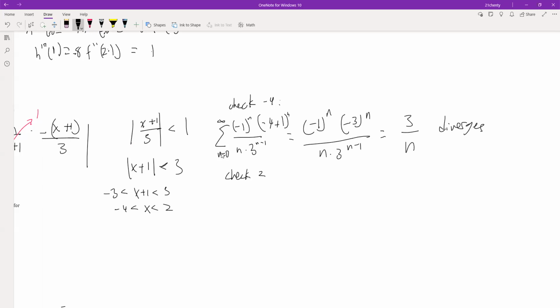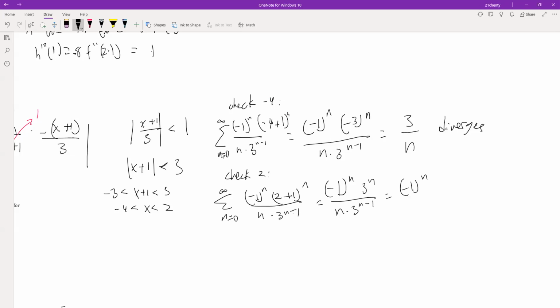Now let's check 2. Just the same process here, except we're plugging in 2. 3 to the n minus 1. Okay. Which equals this. Which equals 3 over n. And this converges because it's an alternating series.